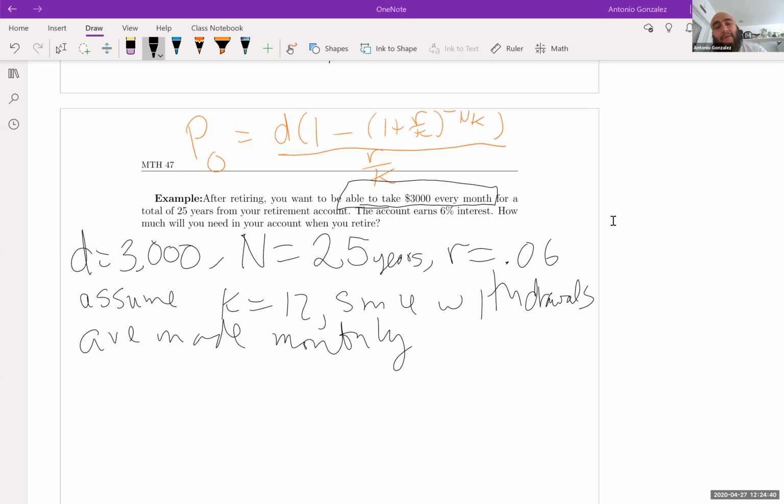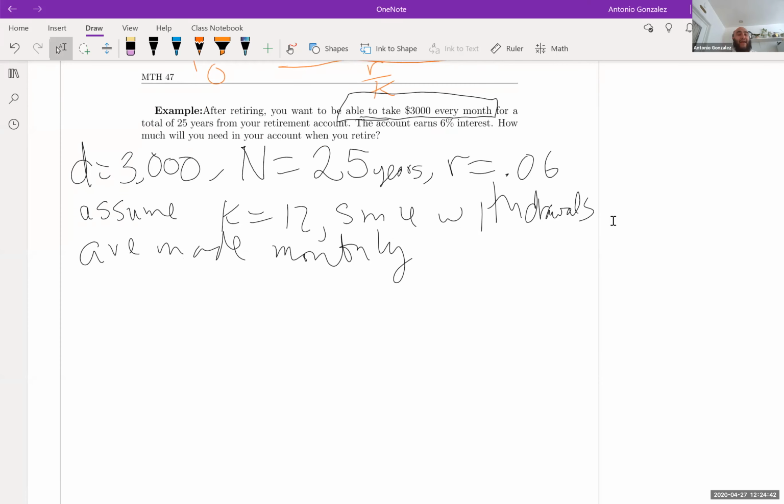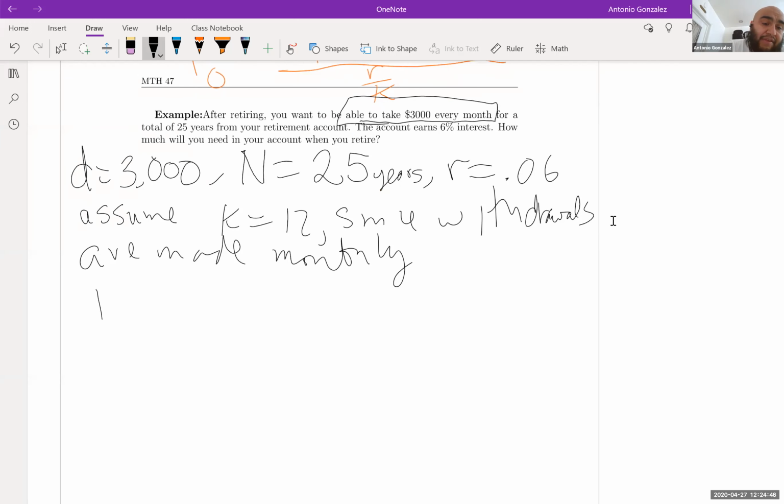Okay, so now we've identified all the little pieces of information. What I don't know is P0, how much money I should start off with. For problems like this, we'll always be in search of something: one of the variables is going to be unknown, and we need to find it.